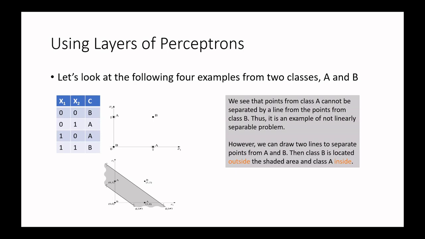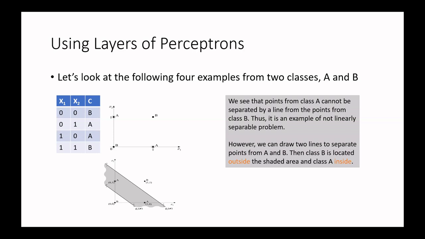You have examples from class A and examples from class B, and they are sitting diagonally opposite to each other. That means if you look at these 4 points, there is no single line that you can draw which will separate A from B.